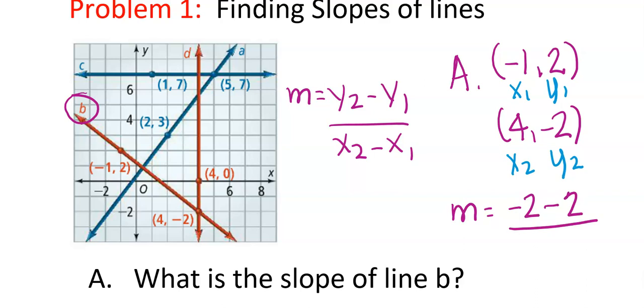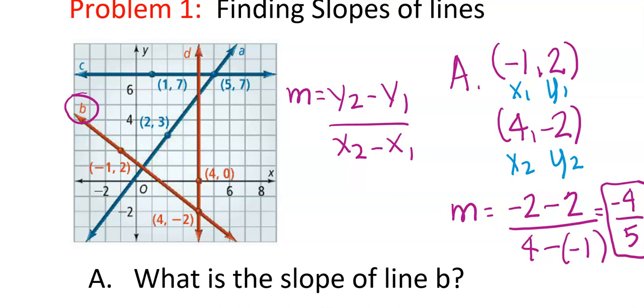Then I go back to the x2, which is 4, and I subtract the x1, which is a negative 1 this time, and that will just change the sign. So my number is negative 4 on the top and 5 on the bottom. So my slope is negative 4 over 5. Don't put these in decimal form. They have to be fractions, so it looks like rise over run.